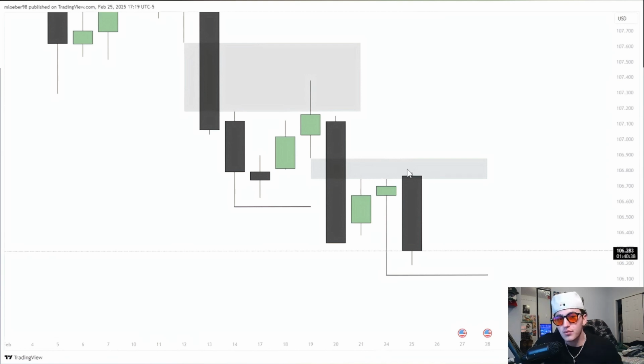So if price creates another internal range liquidity pool, what am I going to anticipate next? Price to then draw and drop down to the external range low and continue making lower highs and lower lows. So that was already the sentiment and the bias going into this day: bearish dollar, which would allow majors to move higher because dollar moves opposite to Euro USD and GBP USD.